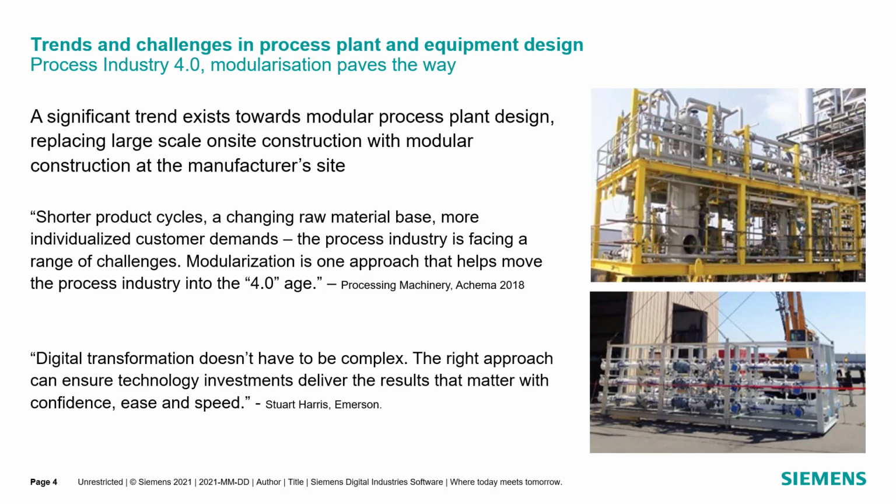As Stuart Harris of Emerson recognises, digital transformation doesn't have to be complex. The right approach can ensure technology investments deliver the results that matter, with confidence, ease, and speed.